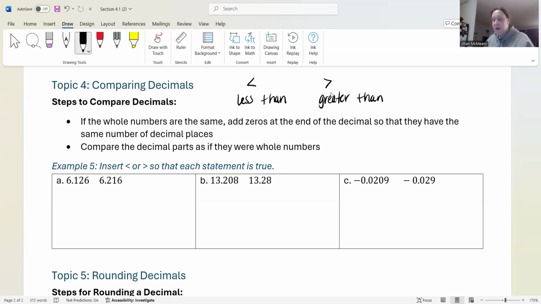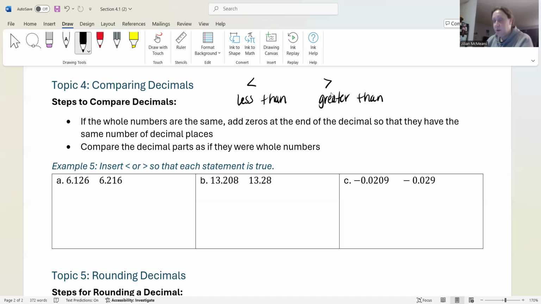Okay? So for example 5, it just says insert a less than or greater than symbol so that the statement is true. Okay? So for part A, we have 6.126 and 6.216, okay? Well, technically, this is 6 and 126 thousandths compared to 6 and 216 thousandths, okay?